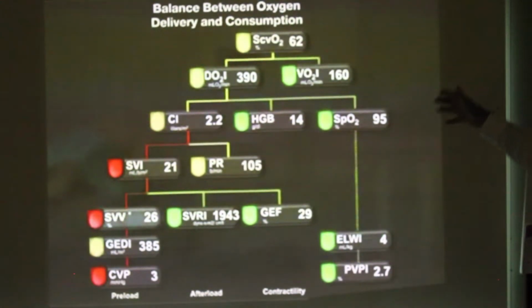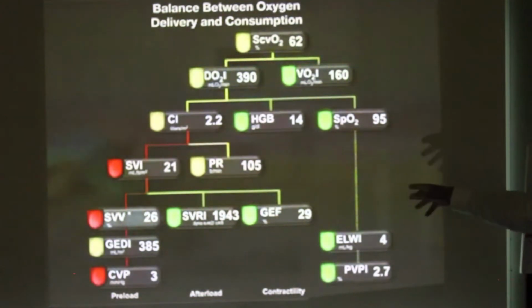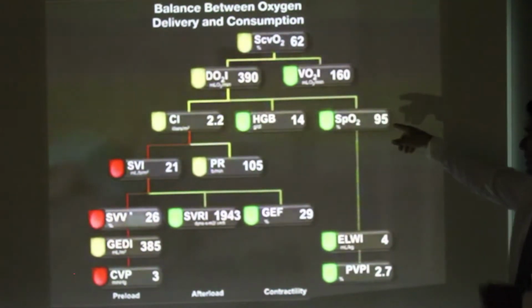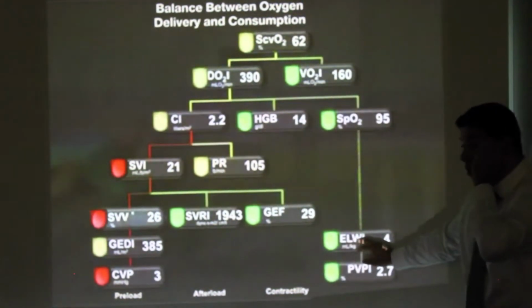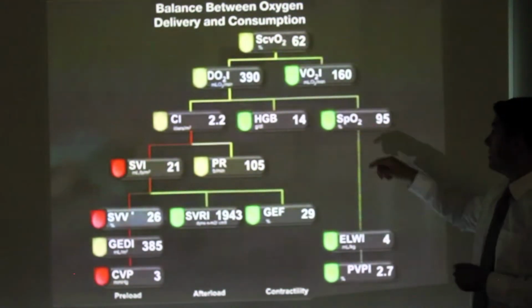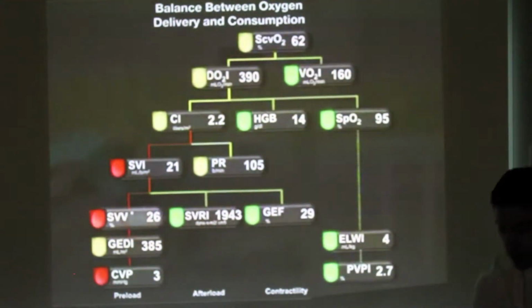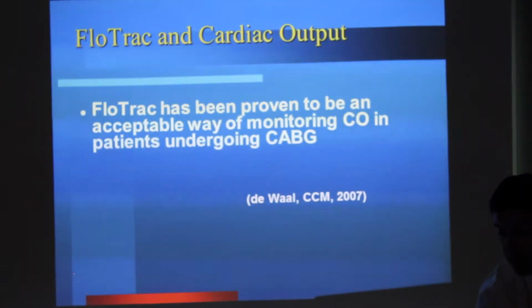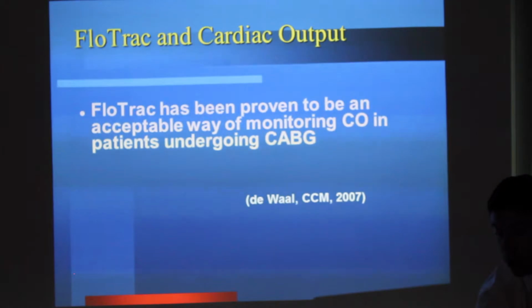You can get data about the preload, afterload, contractility, including the stroke volume variation, lots of detail. This requires an art line to get the stroke volume variation. If you want to get extravascular lung water, you need a CVP line to get this, and SvO2 also. FloTrac has been proven to be acceptable in assessing cardiac output in patients undergoing CABG.